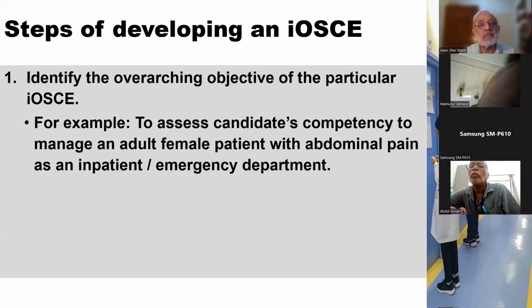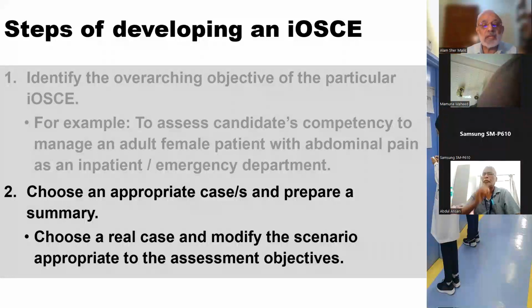So we need to have an overarching objective. For example, to assess a candidate's competency to manage an adult female patient with abdominal pain in an inpatient or emergency department. So this may be an overarching objective of one set of integrated OSCE.